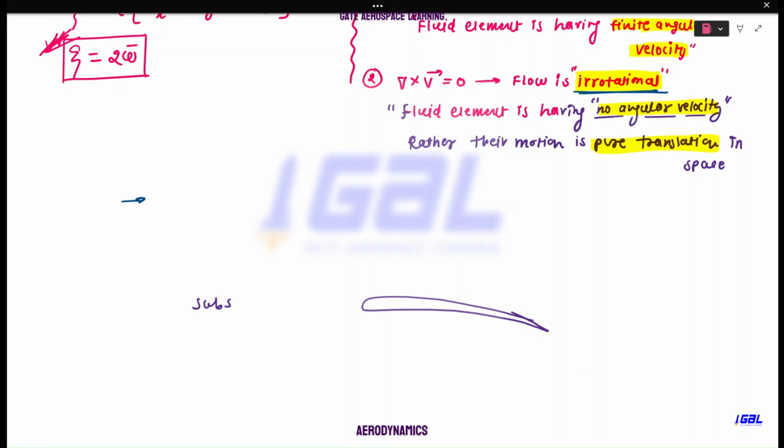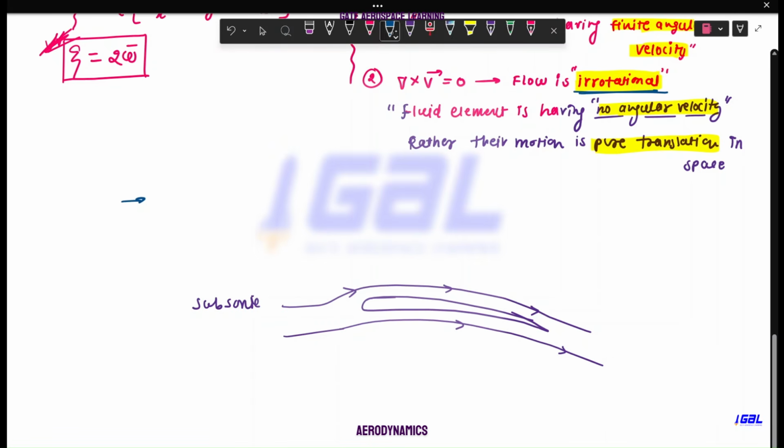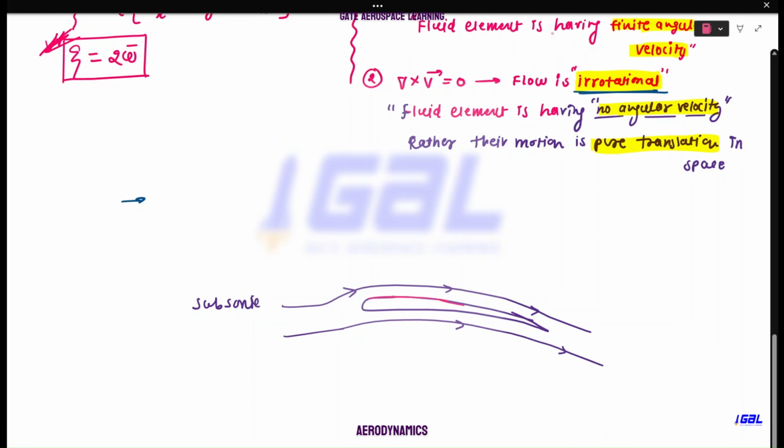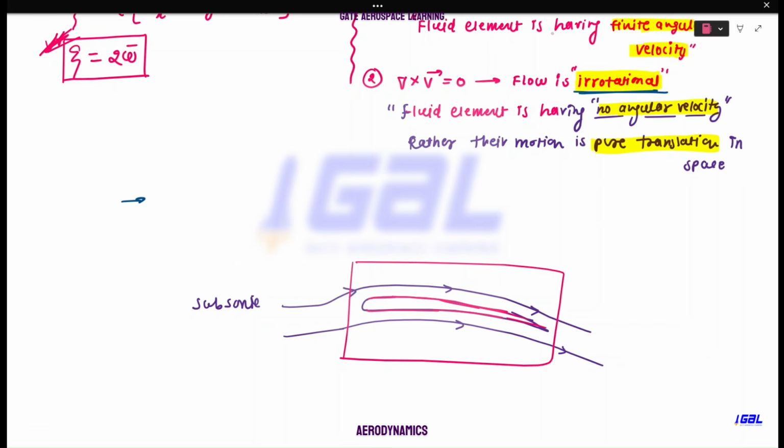Near the surface, your flow will be rotational due to the viscous layer or the boundary layer formation. Your flow will be highly rotational, but except near these surfaces, your flow field will be completely irrotational.